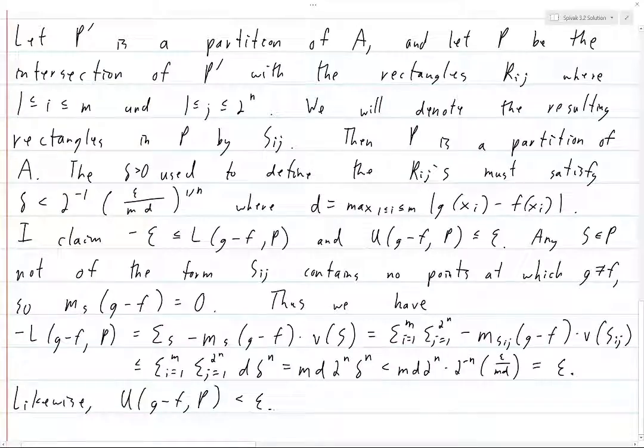All right. Thus, what do we have if we put everything together? We have minus epsilon is less than or equal to the lower sum L(G minus F, P).